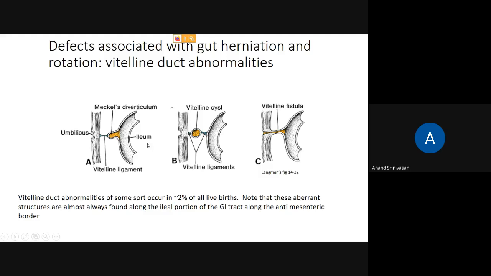The mesentery will be located here, and on the anti-mesenteric border you will be able to see a small protrusion. That's called Meckel's diverticulum, which is nothing but a remnant of the vitellointestinal duct.